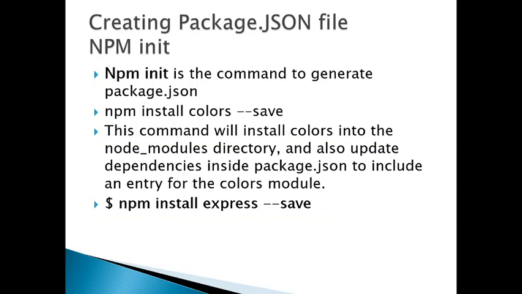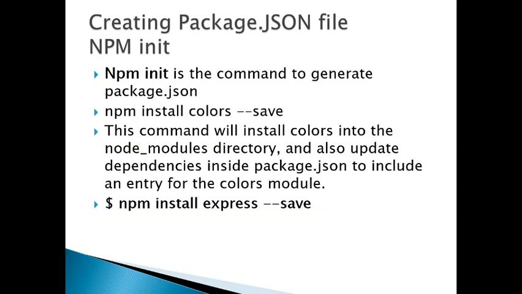Now when you install any module, like npm install colors, which is a module, you would write --save to put that package into the package.json file. This was important a few months back: you had to write --save with each installation so that it would be added to the package.json file.